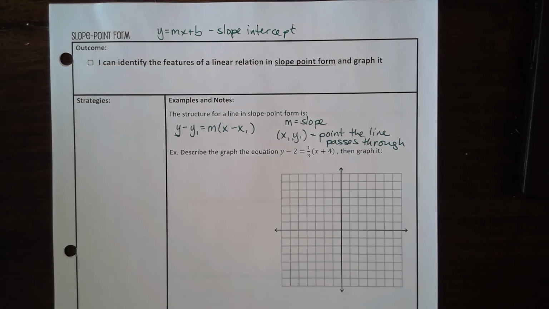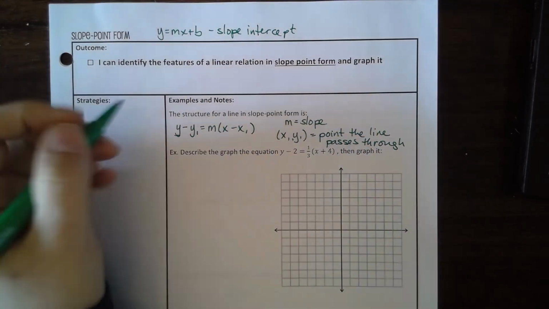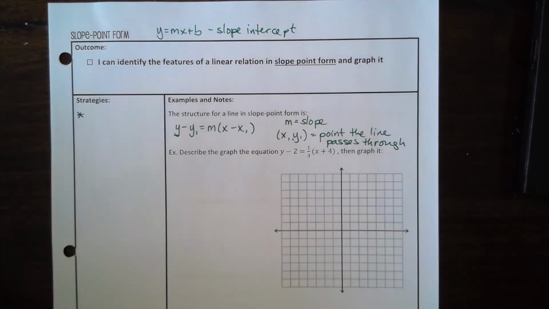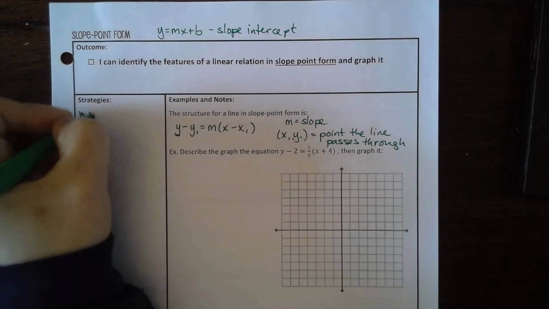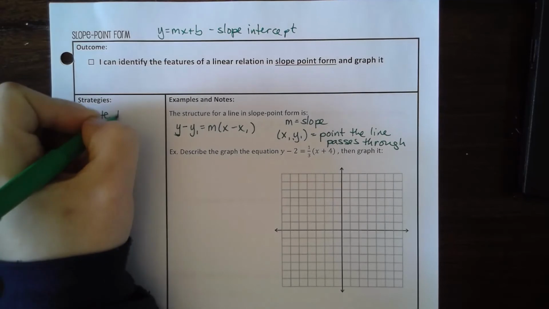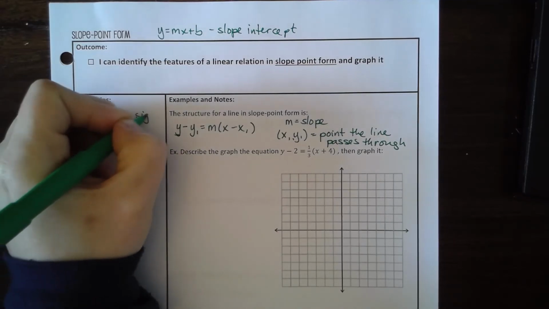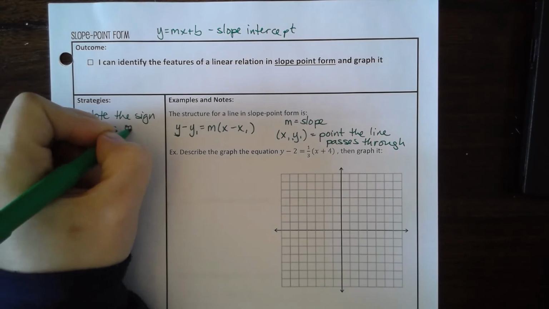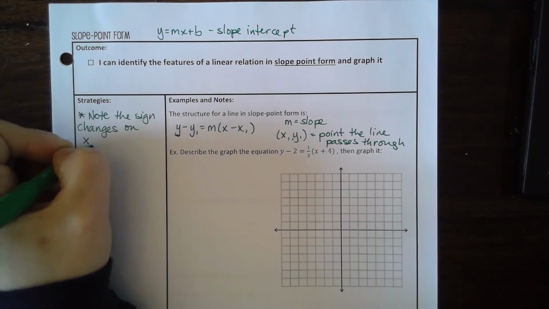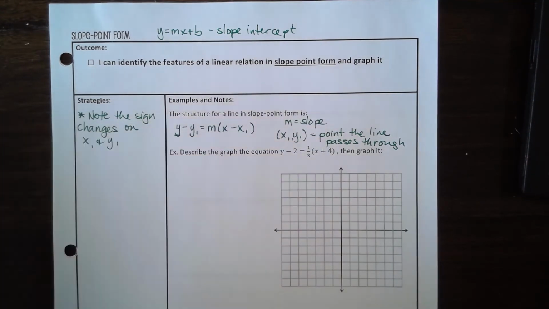Now be careful, because the only thing that's tricky about this structure, and the one thing that students often forget, is to notice the sign changes on x1 and y1.